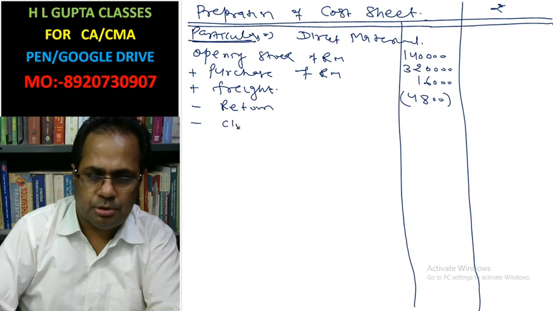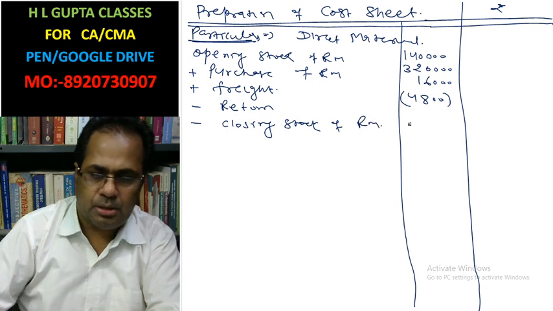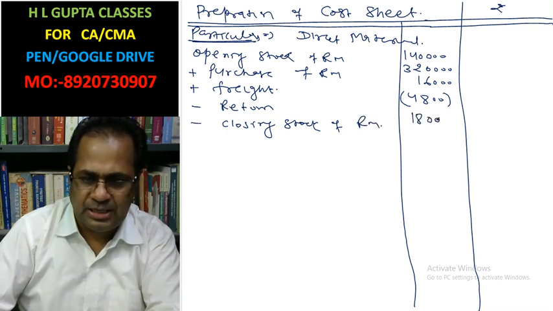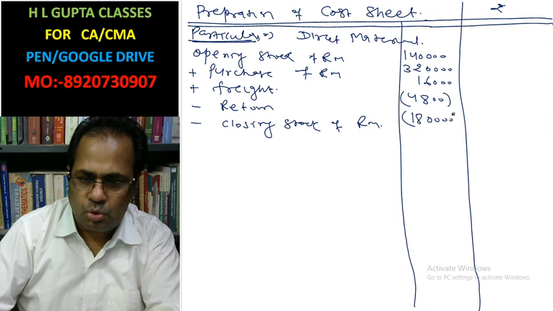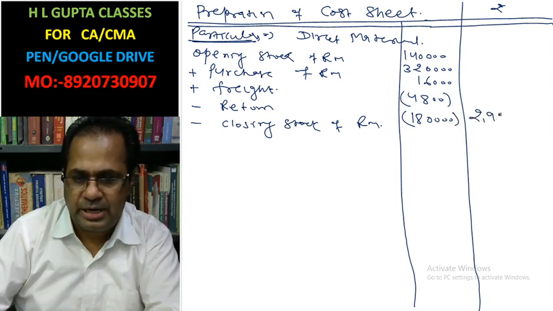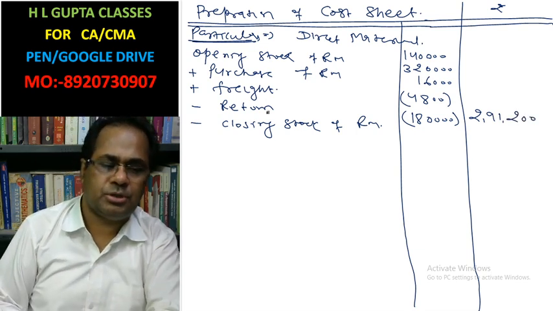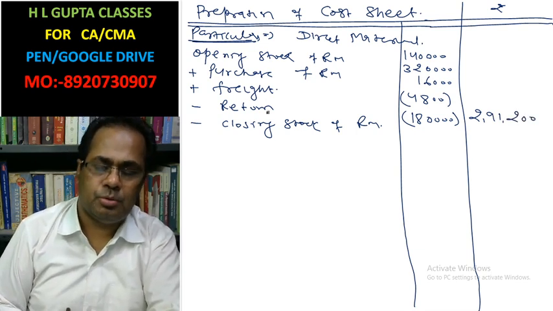Closing stock of raw material 1,80,000. Total raw material consumed, consumption of raw material 2,91,200.